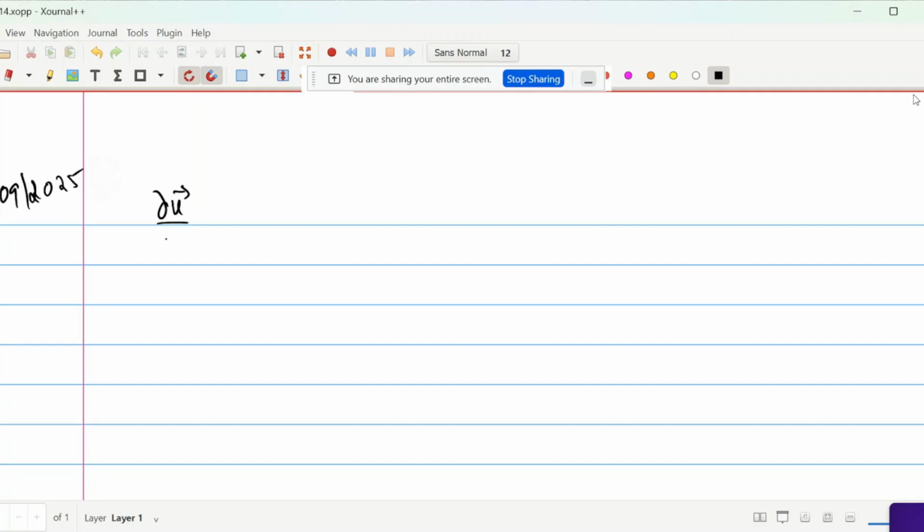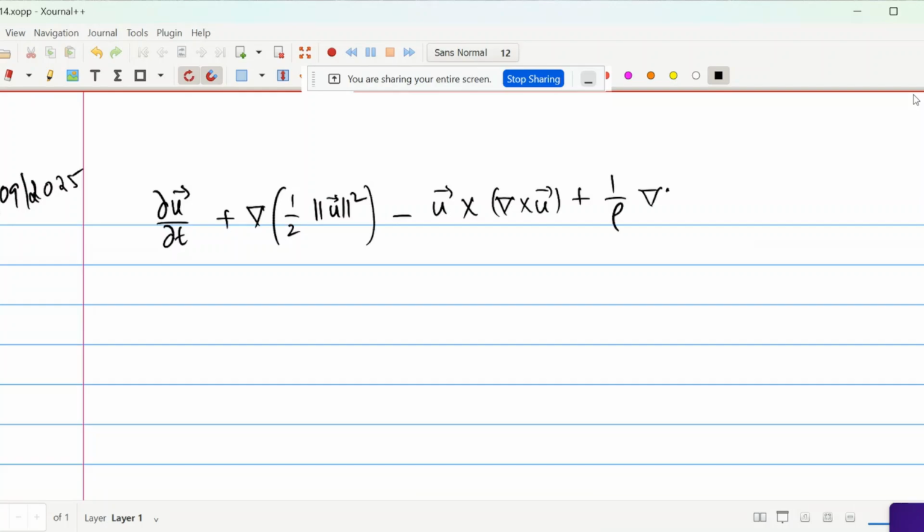This is the momentum equation, basically. I'm continuing from there. Okay, del u by del t plus grad of half norm u square, minus u cross del cross u, plus 1 by rho grad p.